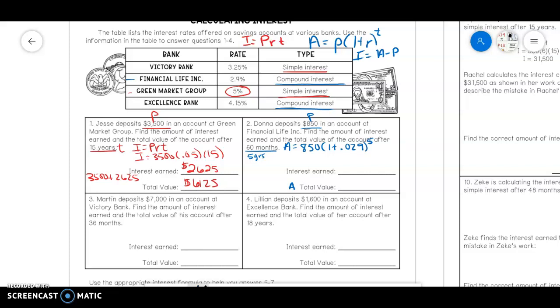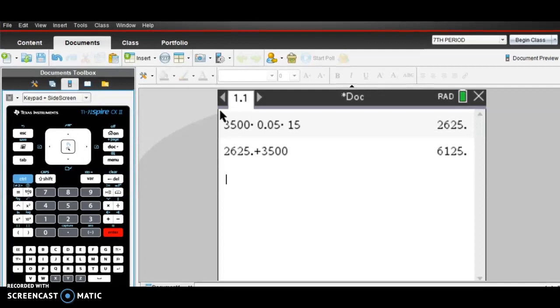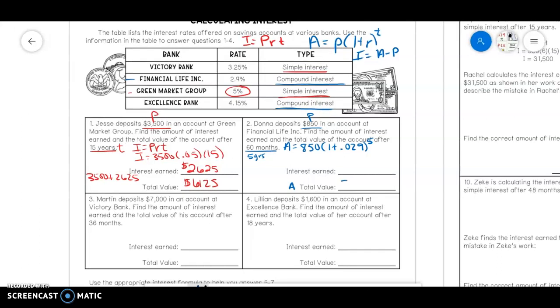So we're going to come to our calculator. 850 times, I'm going to go ahead and just add those together, 1.029, close parentheses, and then remember this little caret, this little 2/3 of a triangle, to the 5th gives us $980 and 61 cents.